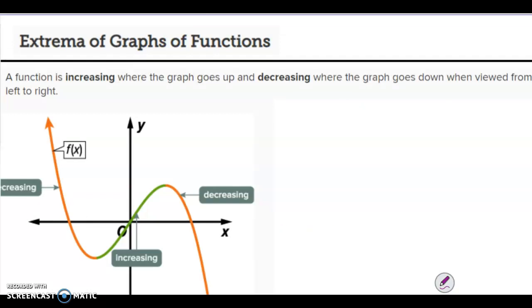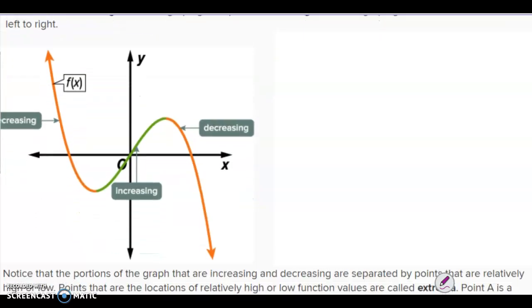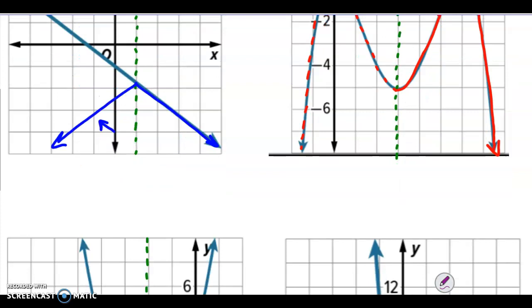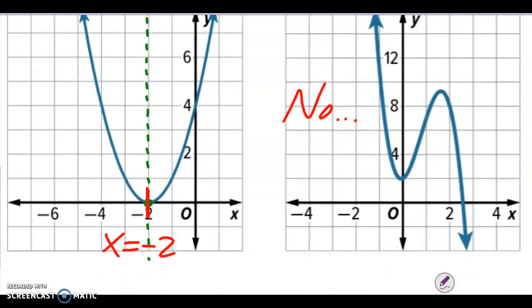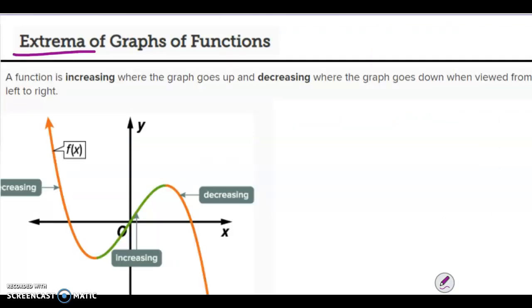So now this word extrema. Again, another situation where we're really talking about a lot of vocabulary terms today. Extrema. So the extrema are the highs and lows within these graphs. When we're talking about a parabola, it has a maximum point or a minimum point, because that vertex is either the highest or the lowest point on the graph.